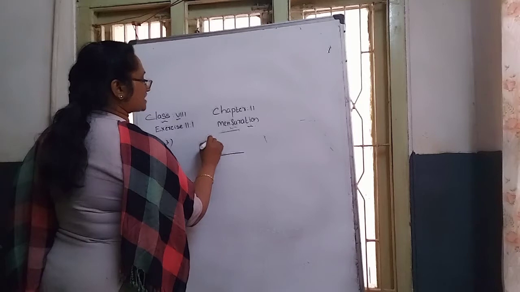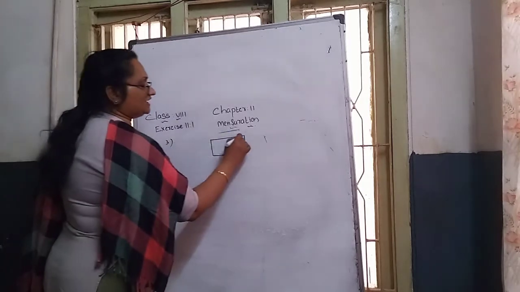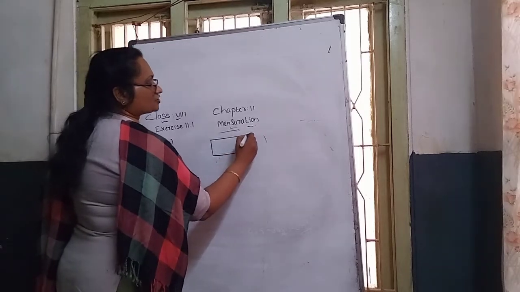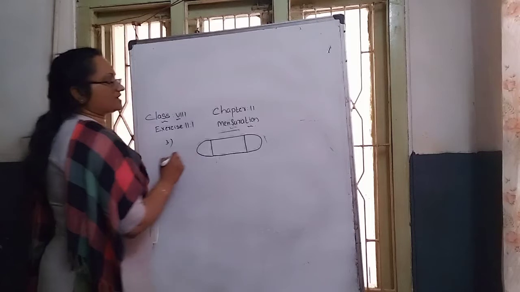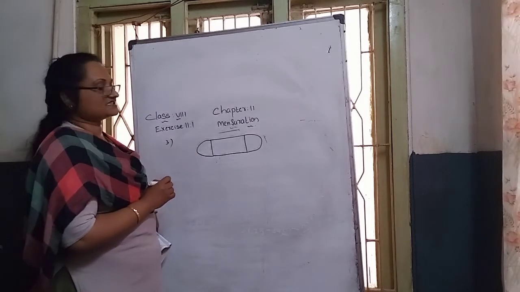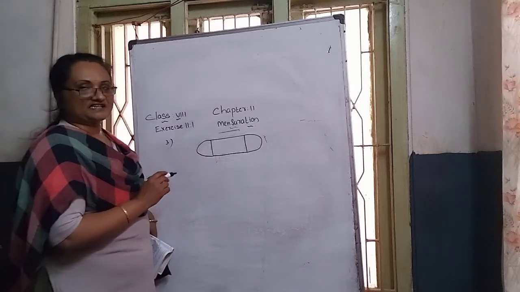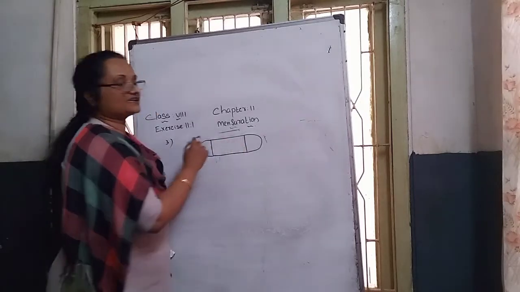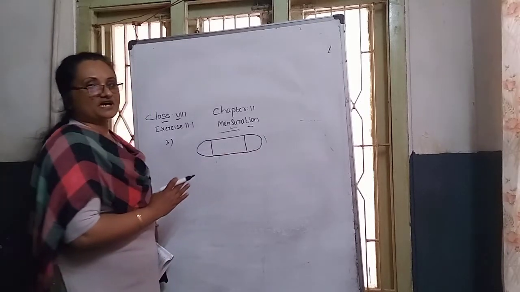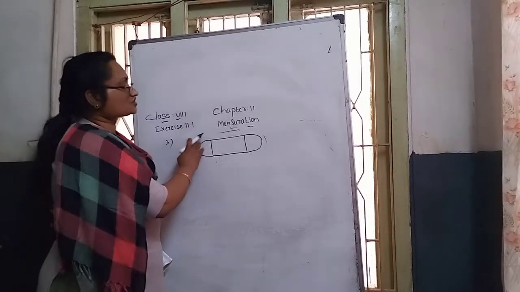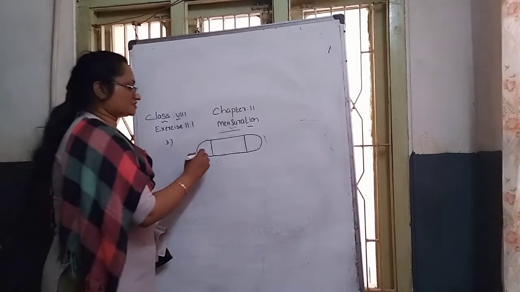The left end and right end are semicircle parts. The shape of that garden in the middle is a rectangle. The left side end and the right side end, in which shape? A semicircle shape.